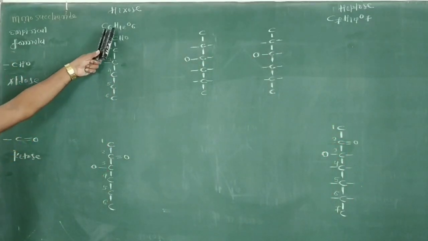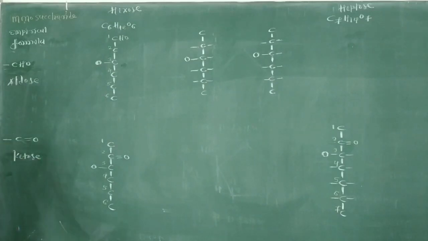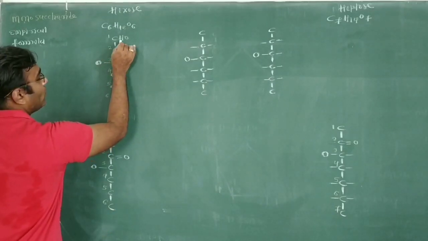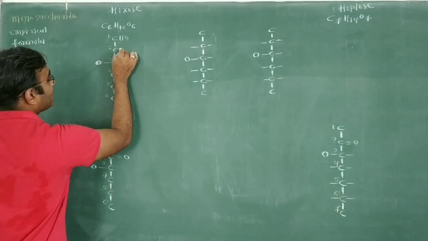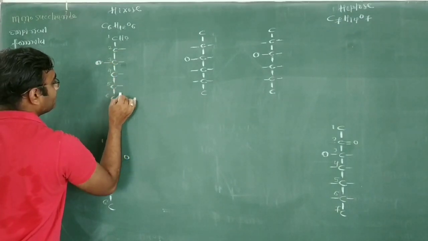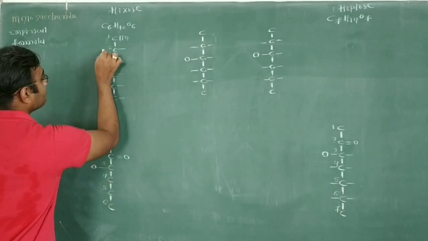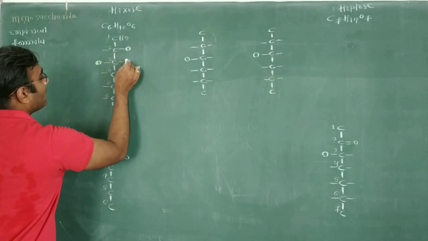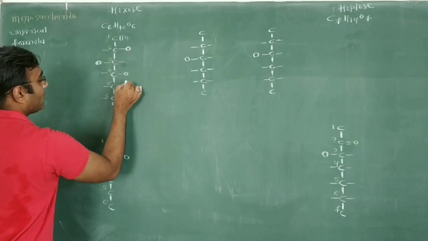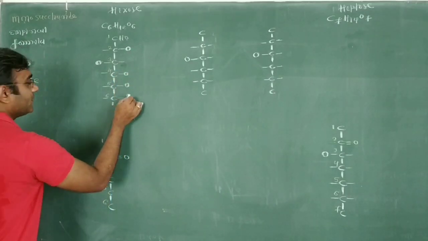Now we are preparing aldohexose. So already one hydrogen and 2 oxygens are arranged. First we arrange the oxygen. Three oxygens arranged, 4th, 5th and 6th. Now hydrogen.